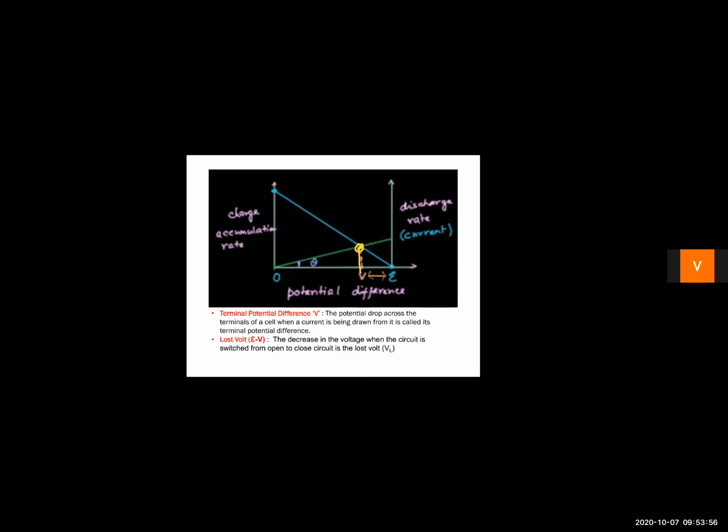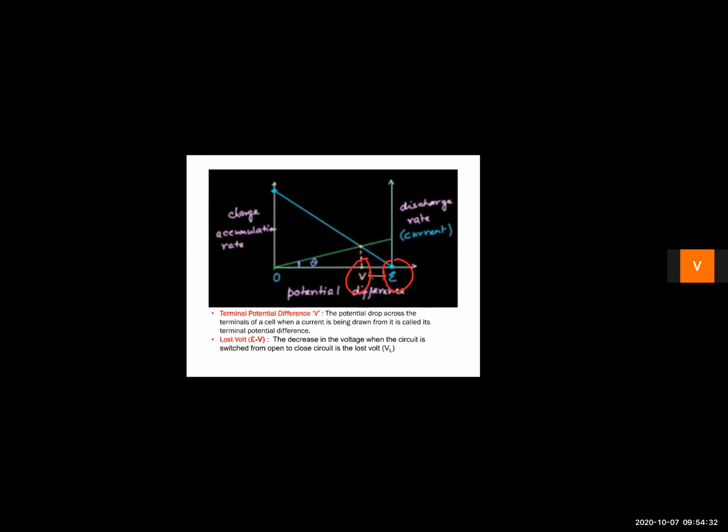So let's see the definition for terminal potential difference: the potential drop across the terminal of the cell when a current is drawn from it is called terminal potential difference, है ना बेटा। तो बेटा ये वाला जो पोटेंशियल था पहले तो वो E था जब हमने कोई एक्सटर्नल सर्किट कनेक्ट नहीं की है, मींस when we are not drawing current. And when we connected an external circuit the voltage became V, voltage कम हो गया.